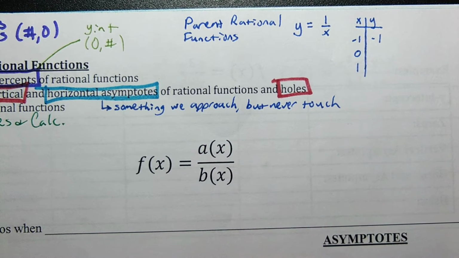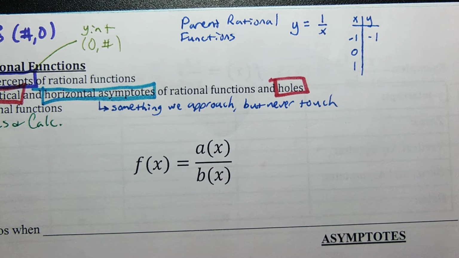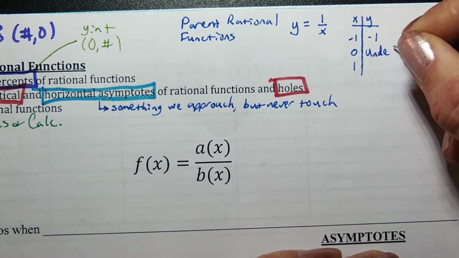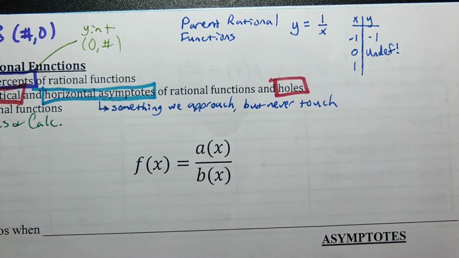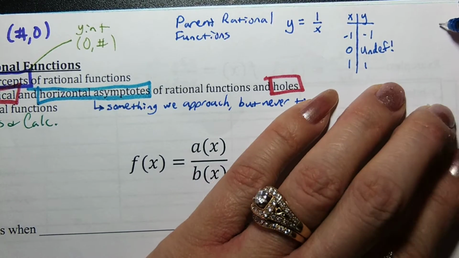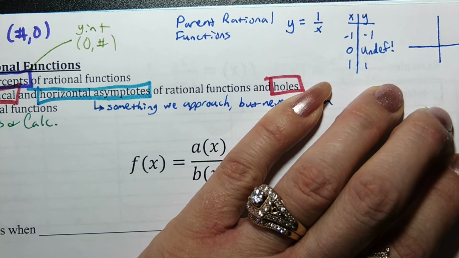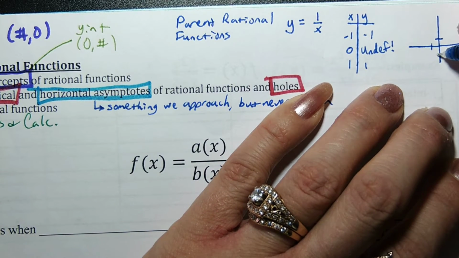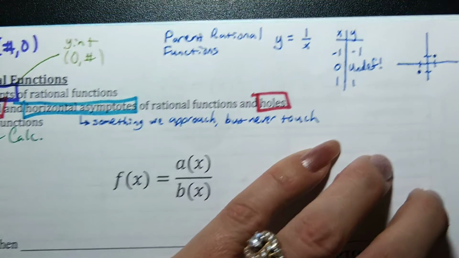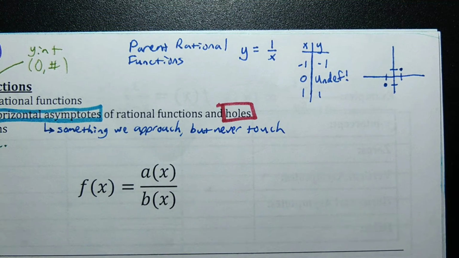We take 1 pie and divide it into 0 pieces. Undefined. And then if we plug in 1, we get 1. So if I were just to sketch out this graph, -1 would be here. And at 1, 1, we would be here. It's like, wow, 2 points to go off of. Not a lot that we can do here.